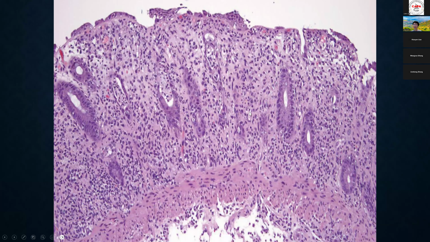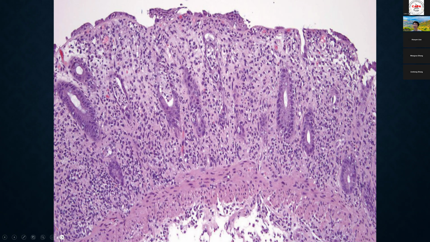How about this one? Here you have full thickness basal lymphoplasmacytosis, and you have some crypt injury and some neutrophils in the crypt with a lot of crypt damage. And when you see this, is that IBD, right? What's the difference between IBD and this one is that, although there's a lot of lymphoplasmacytosis, it doesn't look as blue as what we like to see. And also the architectural changes are not quite there, right?